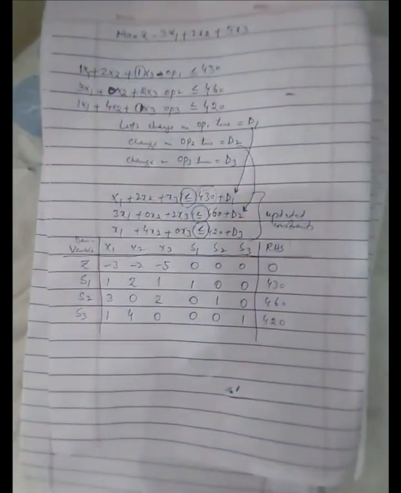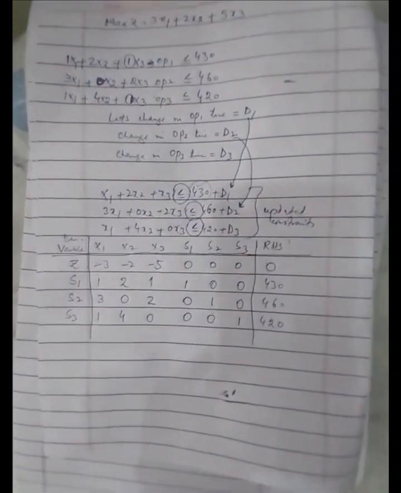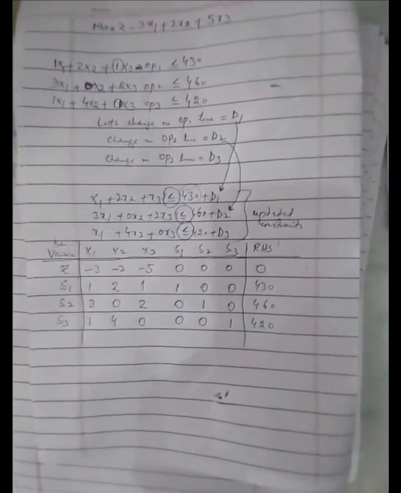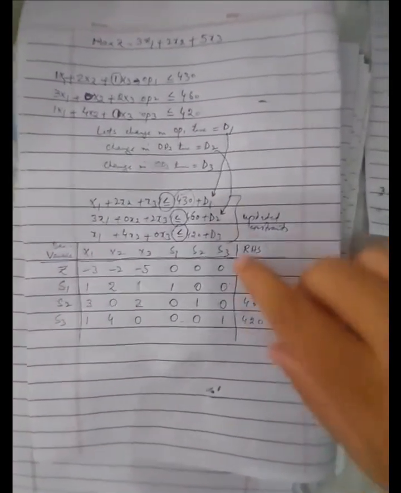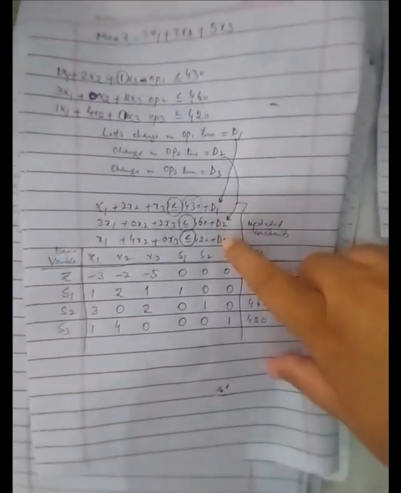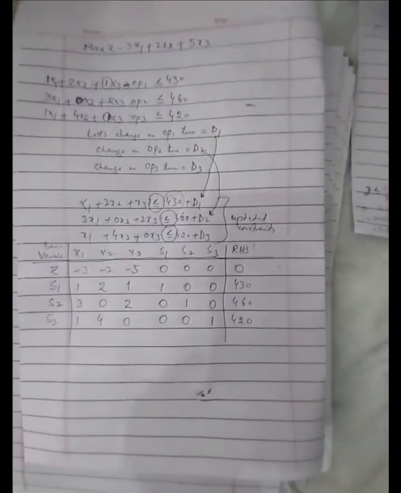Then it is a whole simplex problem that we need to solve, but we will jump to the final table of it, and from there I will show you a trick for how to find these d1, d2, and d3 for all the 3 constraints.